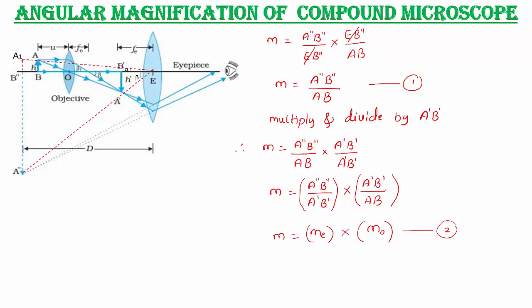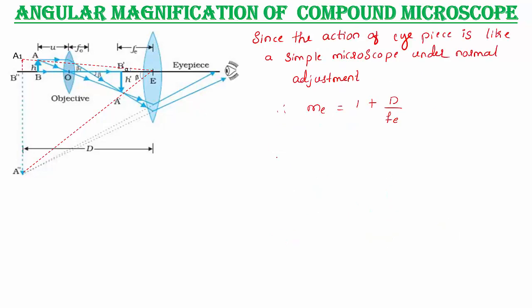So what is the value of Mo here? Mo means a dash b dash divided by ab. Observe here, Mo is equal to a dash b dash divided by ab. So a dash b dash is the height of the image of the object ab. So here we know the equation.